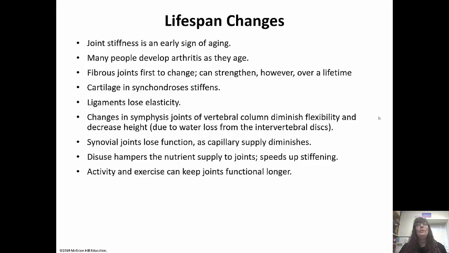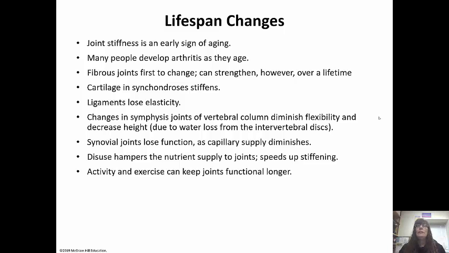But as we age, we lose that water, and those cartilage discs tend to lose their flexibility. You are actually a few centimeters shorter when you are older than when you were younger, because now when you go to sleep, your discs do not regain their water and regain their flexibility.